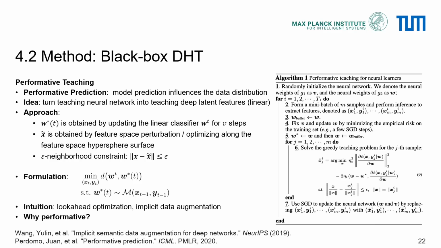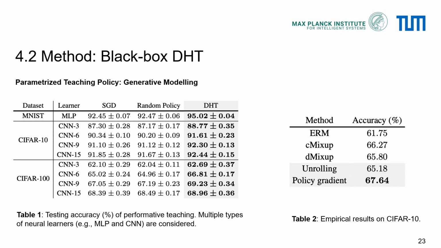And we are also only optimizing along a hypersphere. And the direction is determined by some local W star. This local W star is obtained by locally optimizing this linear classifier for several steps. Pretty similar to something like a look-ahead optimization. And after performing this kind of teaching, we can actually achieve better generalization.